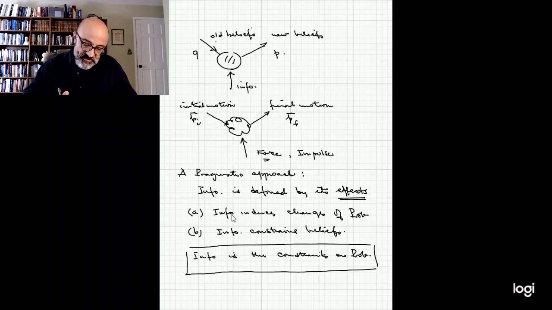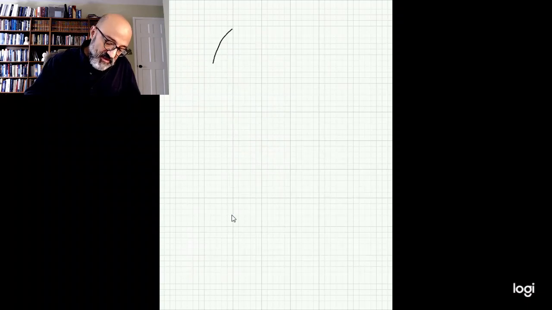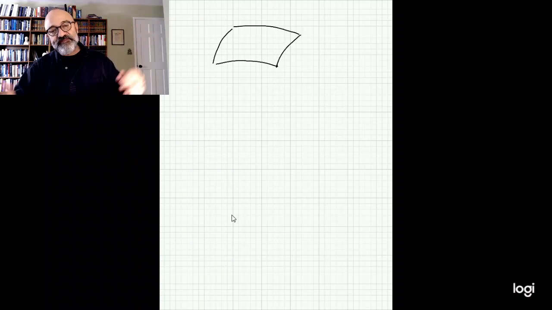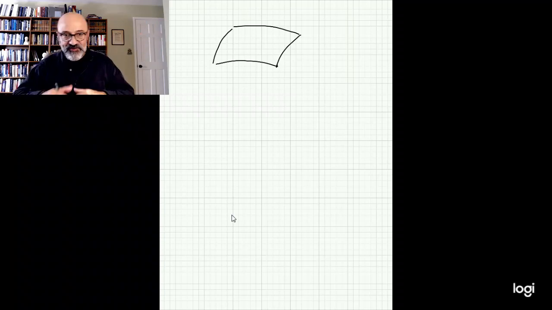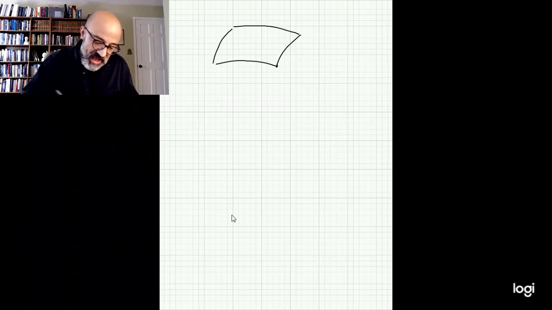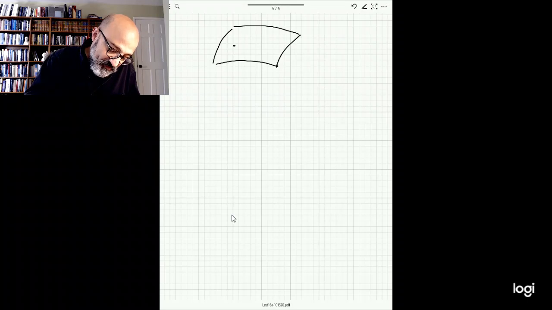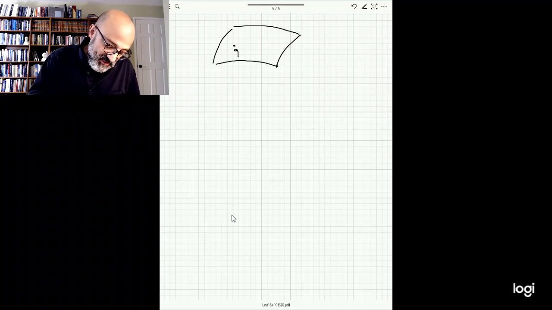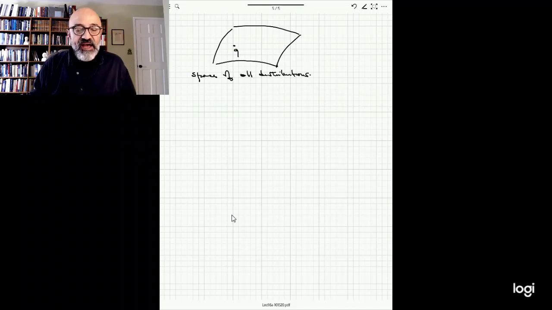Let me draw a picture for that. If this is the space of all probabilities, for example, all Gaussians, or all binomials, or all multinomials, and you have a prior here, one point in that space of all distributions. And then you acquire information. What is the information?